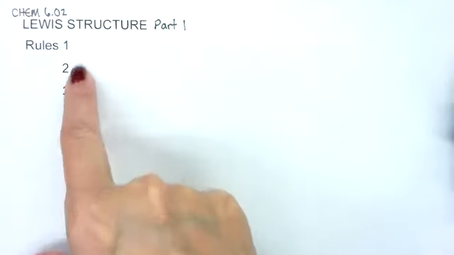All right, welcome to chemistry lesson 6.02, the first of two videos on drawing Lewis structures. So we're going to go through four examples of Lewis structures, and we're going to go through the rules that you have to apply.